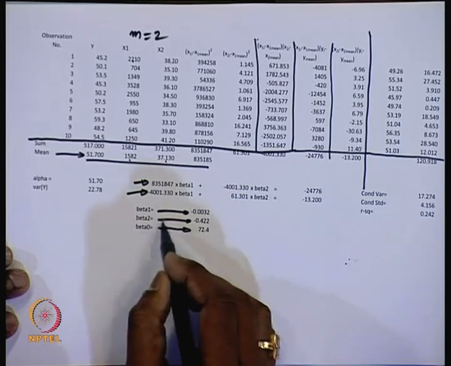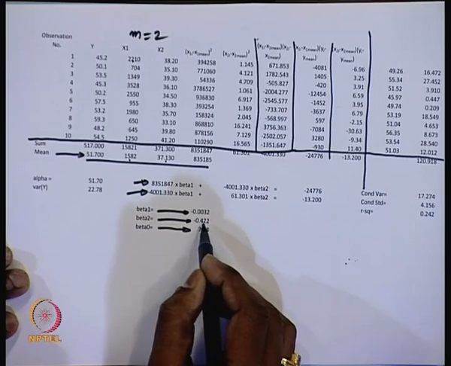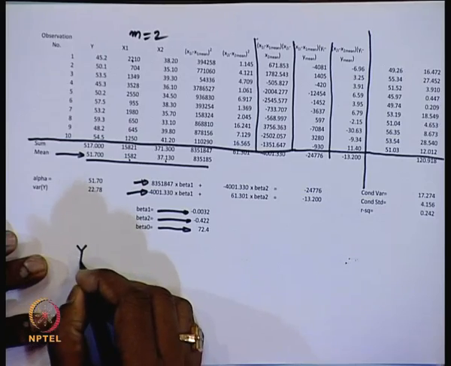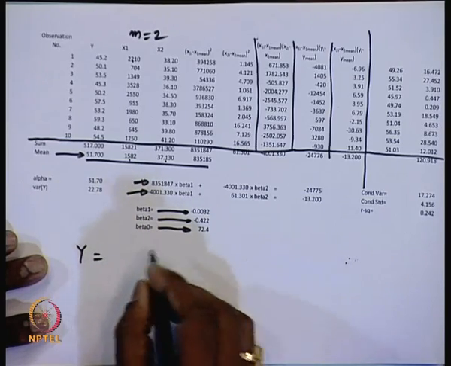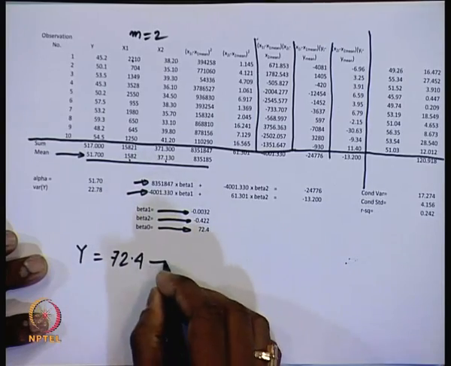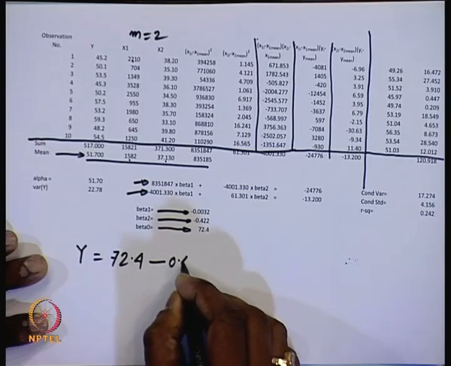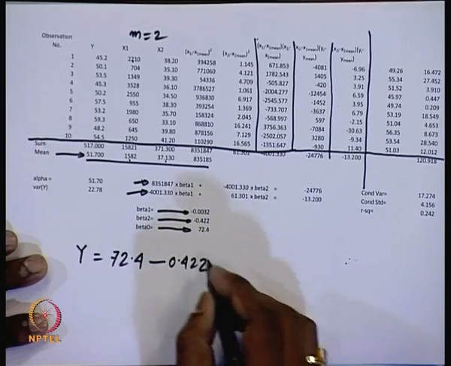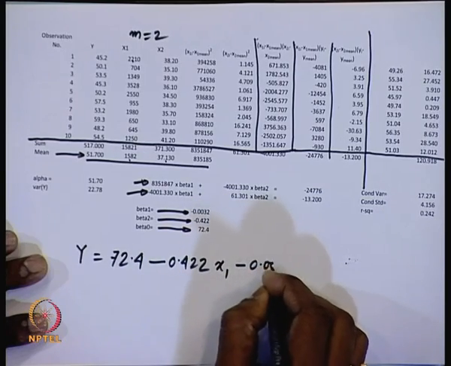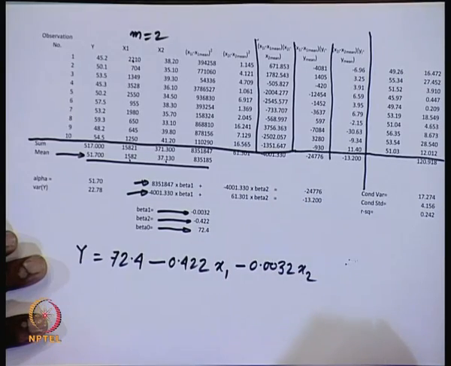Once we get these three, beta naught, beta 1 and beta 2, then we get the full expression like this, that y is equal to 72.4, which is your beta naught, minus 0.422, this is the estimate for beta 1, multiplied by x1 minus 0.0032 x2, that is the expression.